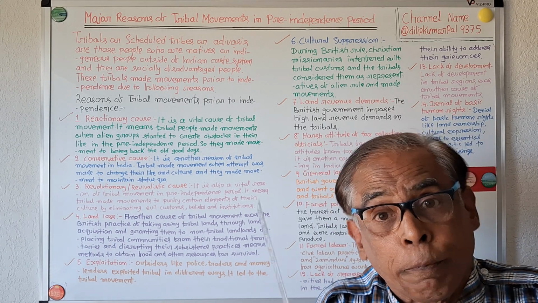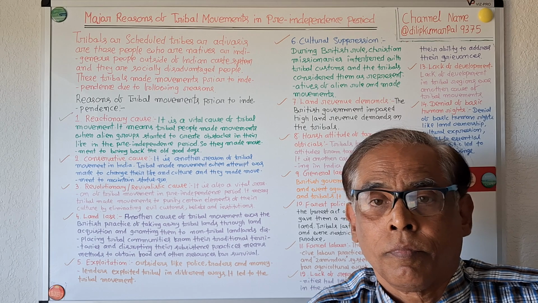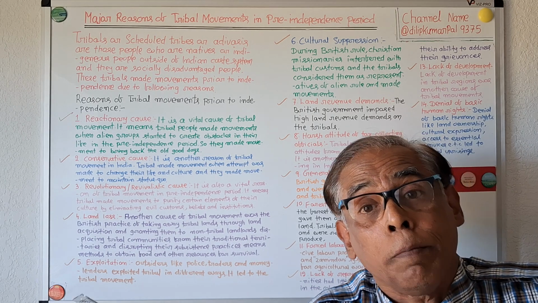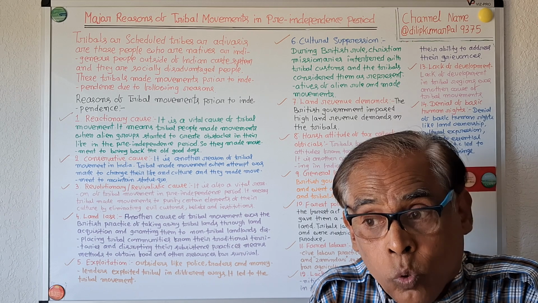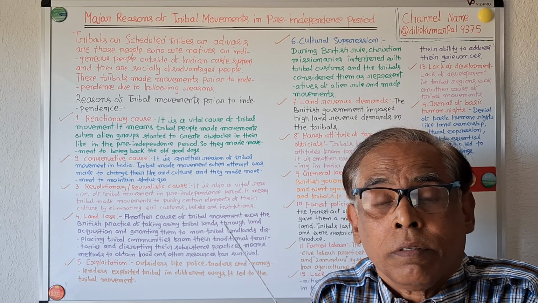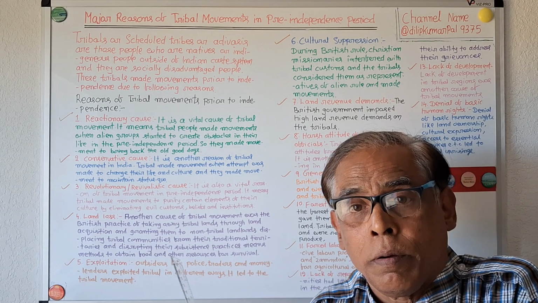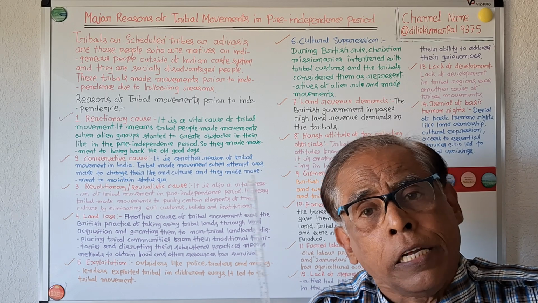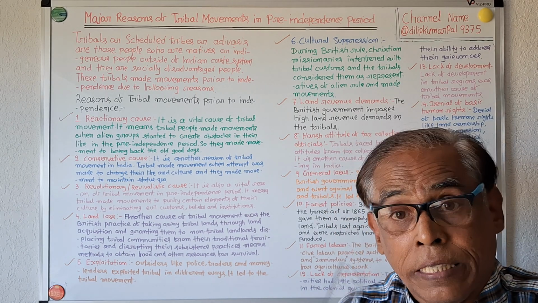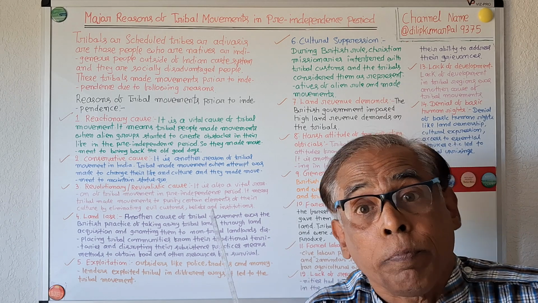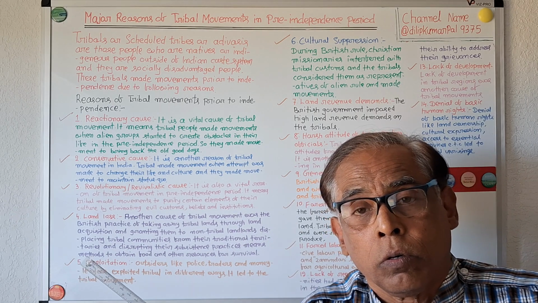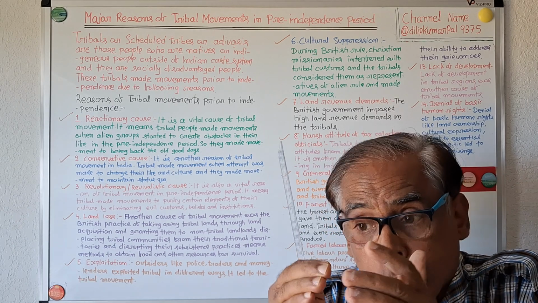When tribals were deprived of their land, they were deprived of the means to collect their food for survival, because tribals were depending on their tribal land. When their lands were taken away by the British government, they were deprived of the source from which they were depending for their survival.